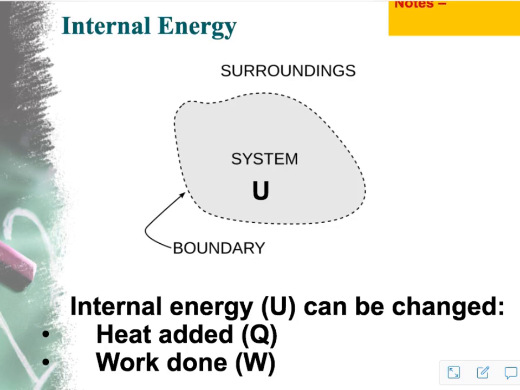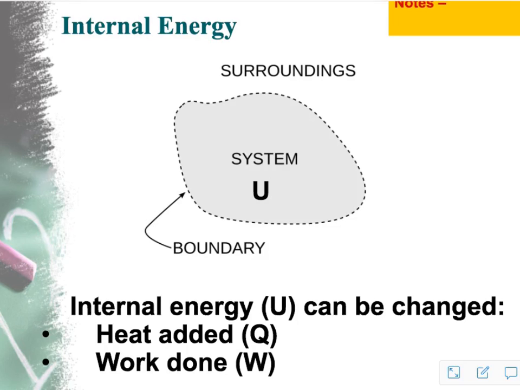So whether it's a real gas or an ideal gas, it has some sort of internal energy U. And that internal energy in the system can be changed primarily by two ways. We can either add heat to this system, or we can choose to do work on the system.